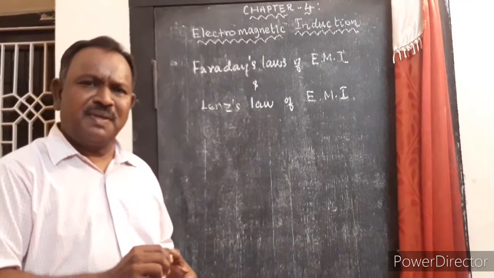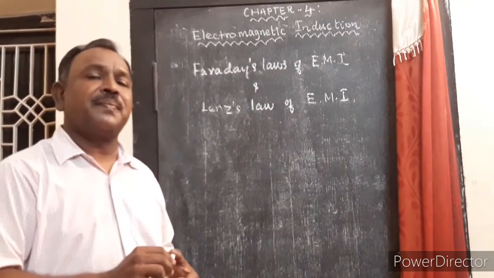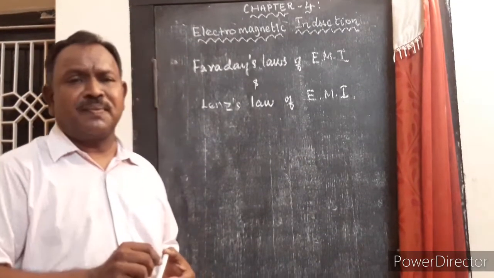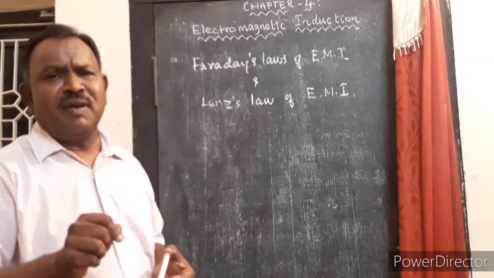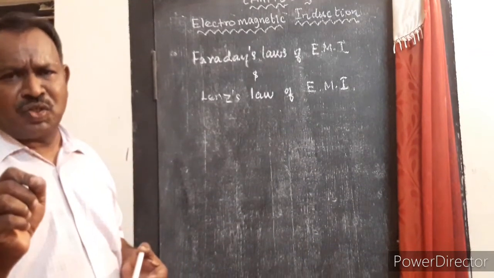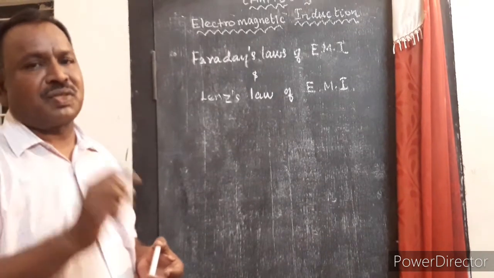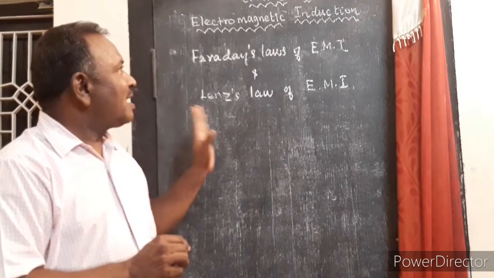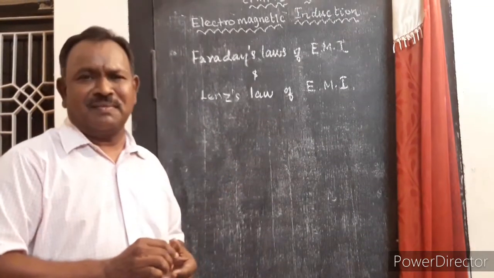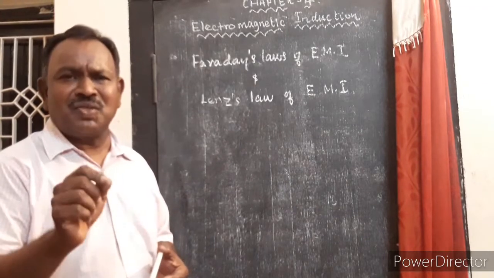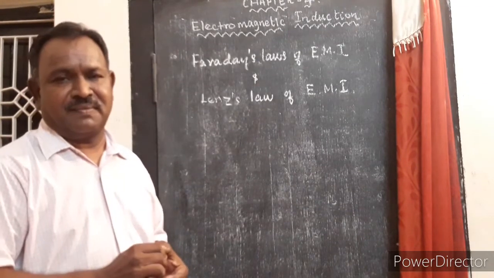Once again I repeat, Lenz's law states that whenever EMF is induced, the induced EMF flows in such a direction so as to oppose the cause. So here in electromagnetic induction, we have two things: one is the cause and another one is the effect.